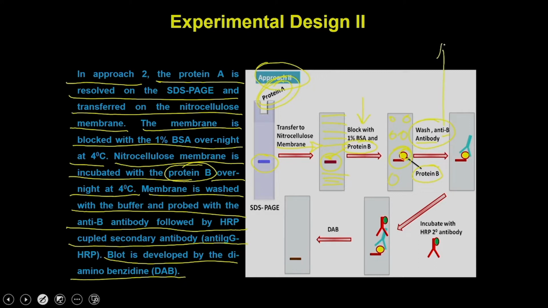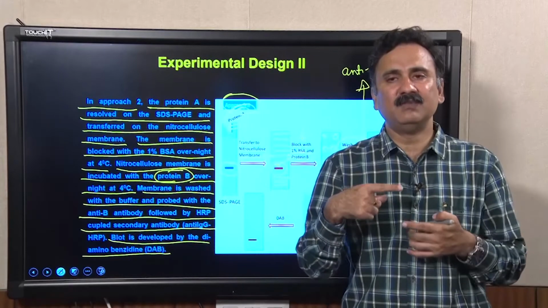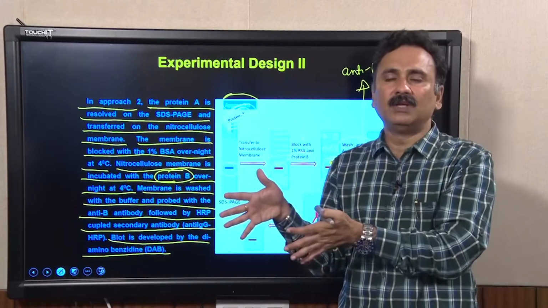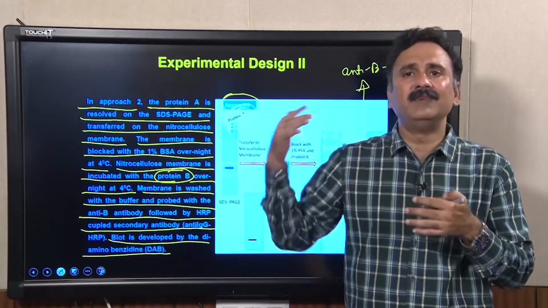The only thing you have to worry about is that the anti-B antibody should not detect the A, because if it detects the A, it is going to give you false results, which means it will give you a band where the A is present, whereas the B is not present.